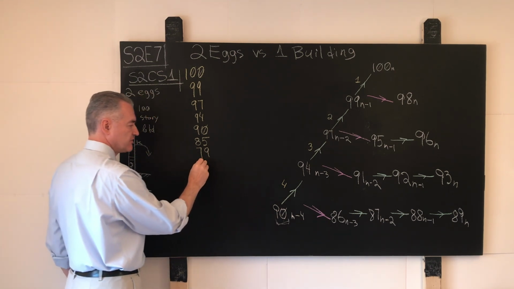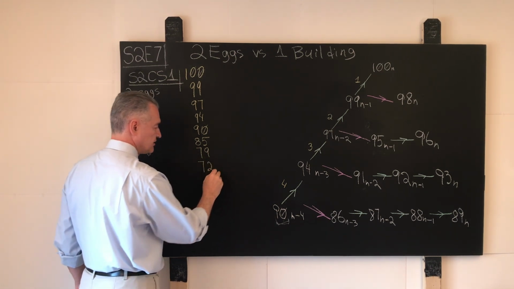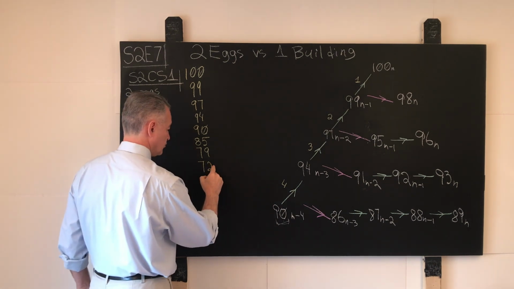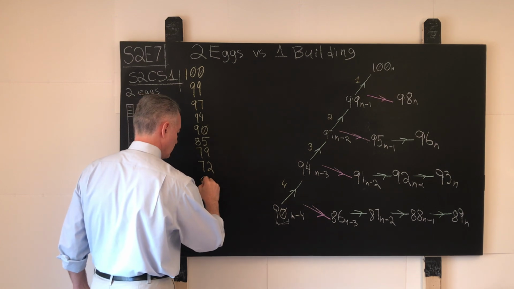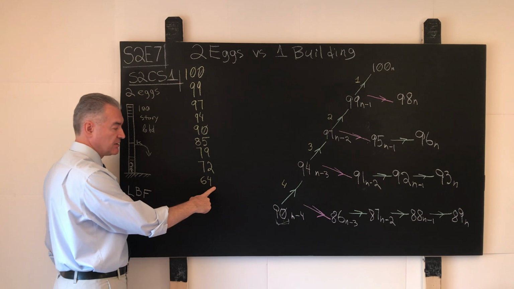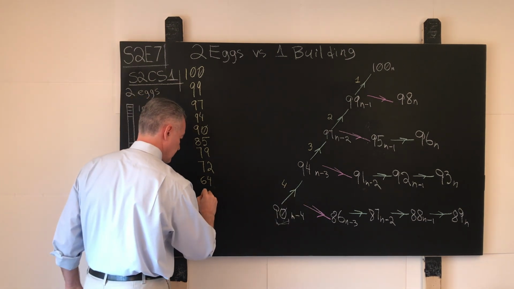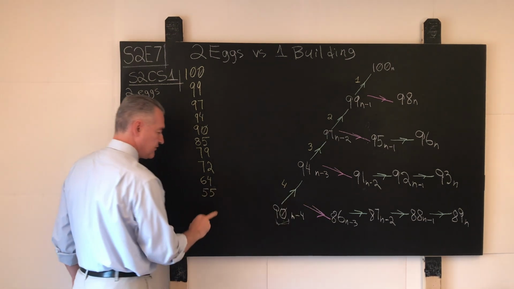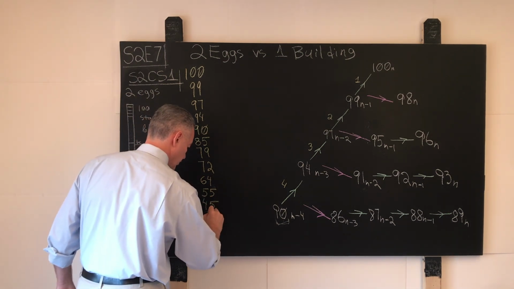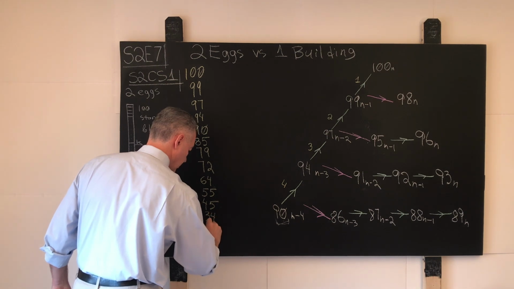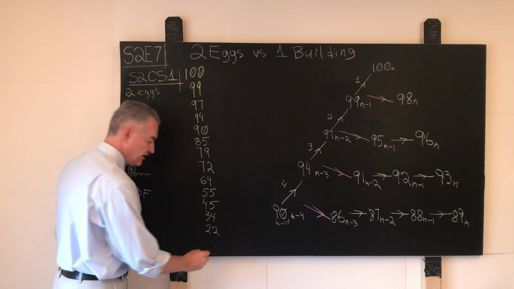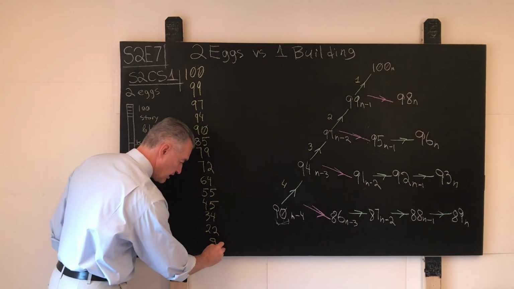79 minus 7, 72. 72 minus 8 will be 64. 64 minus 9 will be what? 55. 55 minus 10, 45. 45 minus 11, 34. 34 minus 12, 22. 22 minus 13 is 9.